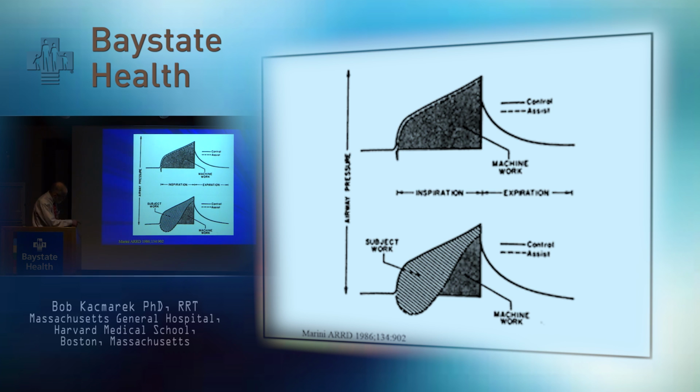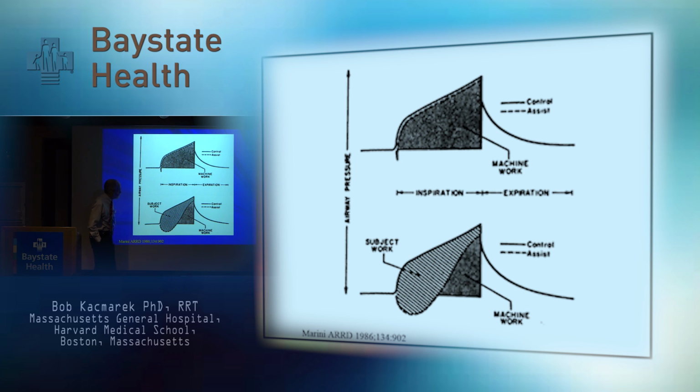John Marini, over 30 years ago, showed that in most patients who are on volume ventilation, you don't have that type of airway pressure waveform when the patient is assisting the ventilator, or the patient is breathing spontaneously.